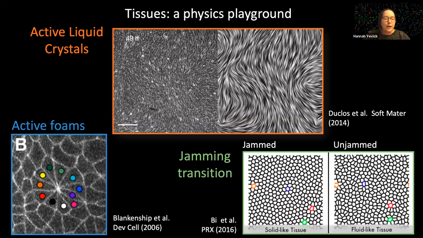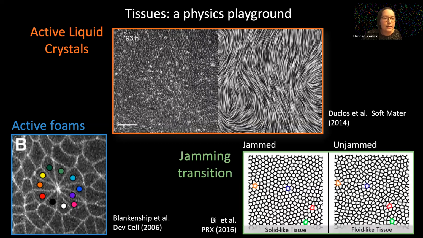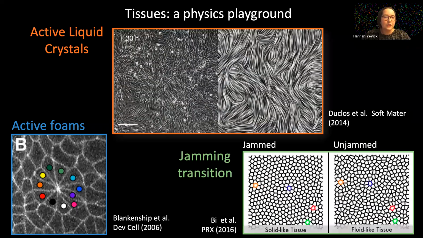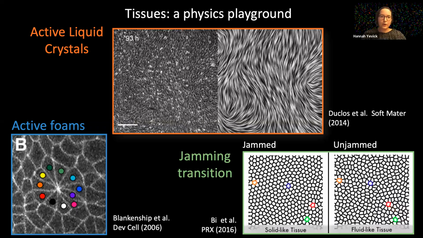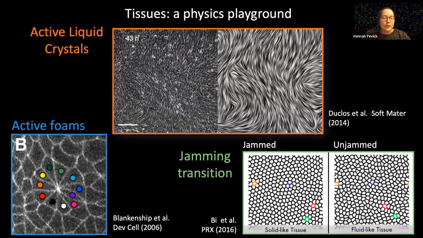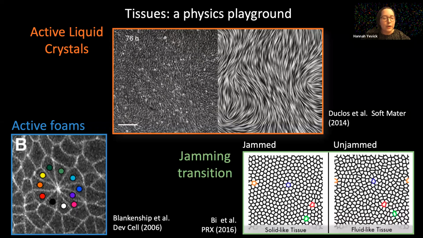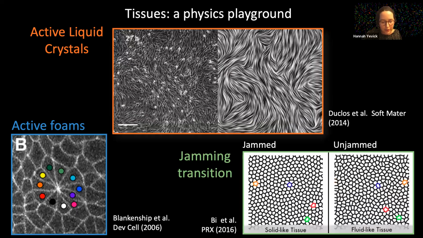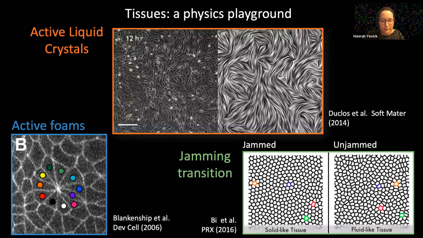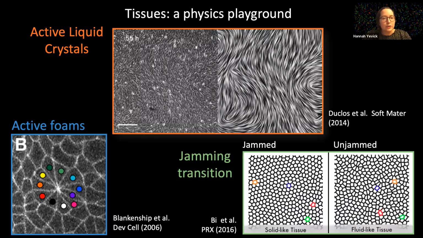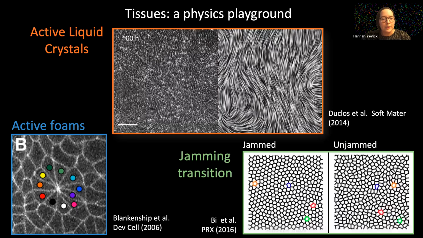For example, in the case where cells and tissues organize like liquid crystals with long range order, it's been seen that you can have the creation of orientational defects inside your system over time, which is counter to what would be expected in a passive liquid crystal, which would relax towards an equilibrium state.